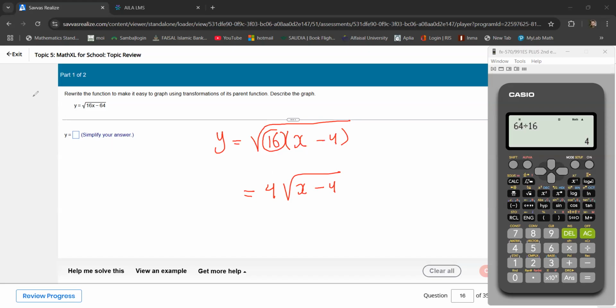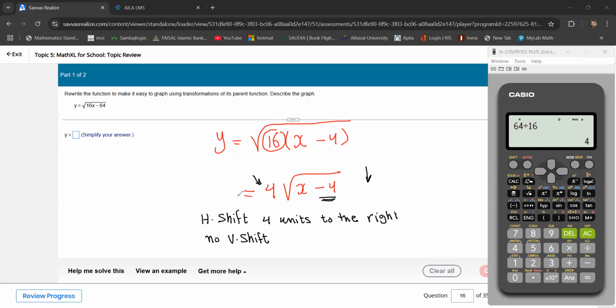Now, this is very clear. We can write down the transformations now, as we have a horizontal shift. This one represents 4 units to the right, as it's negative. If it's positive, we would say to the left. We don't have a vertical shift here, so we can say no vertical shift, or we can just not mention it.